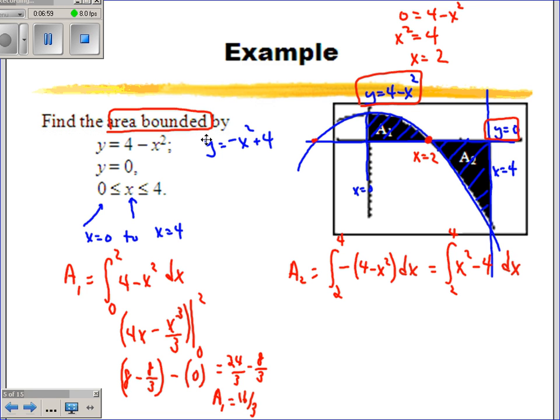Okay, now let's calculate A2. For A2, I want the antiderivative of x squared minus 4, so it's going to be 1/3 x cubed minus 4x, and I want to evaluate that from 2 to 4. Okay, put your 4 in first. I'm going to have 1/3 times 4 cubed minus 4 times 4.